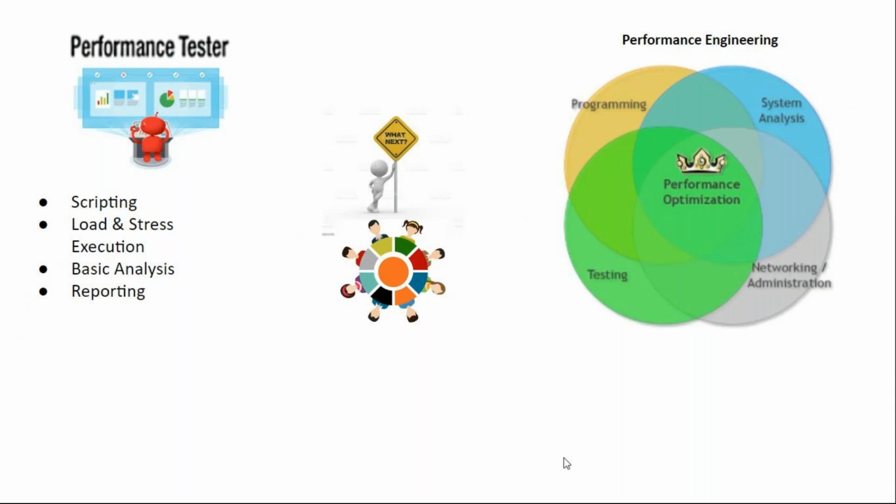In the same way, networking and administration also, right? In the current world, you are expected to go and install everything on your own in your load generators or in your machines where you're going to profile. So you should be able to go and install software and tools by yourself. You cannot expect somebody to help you out, right?